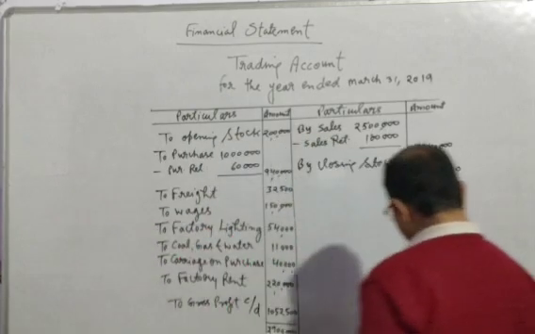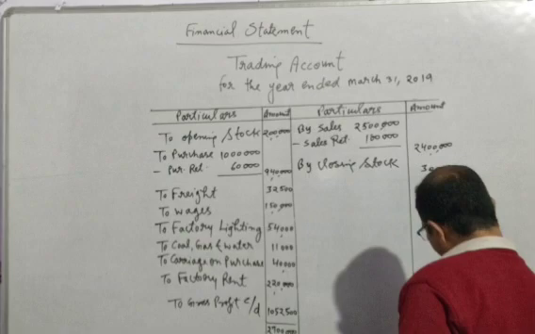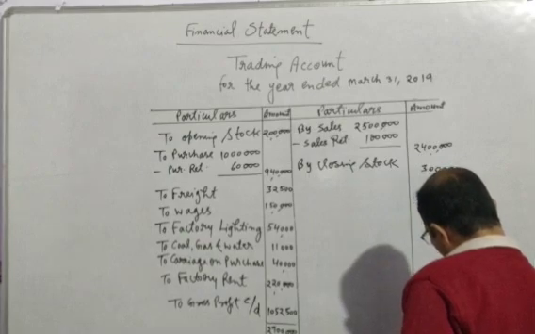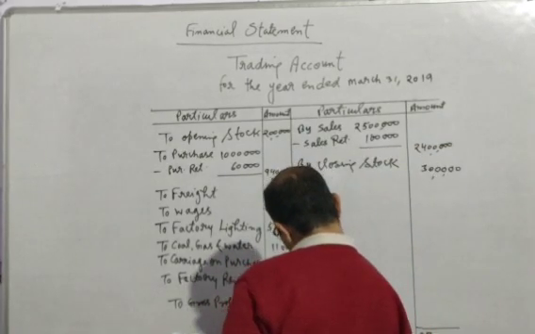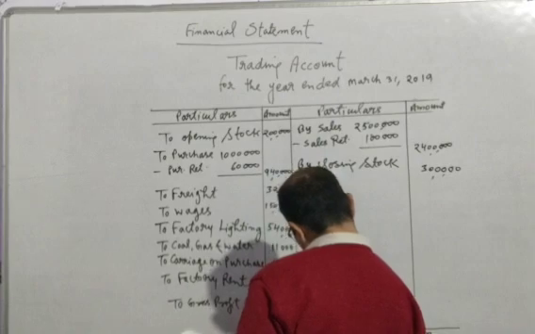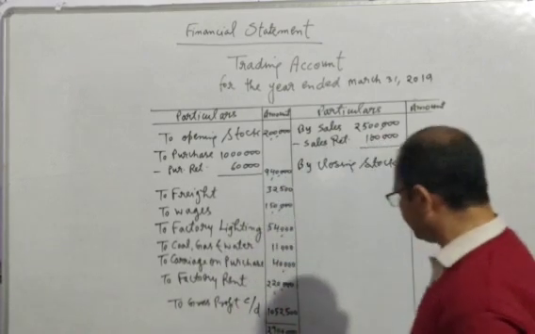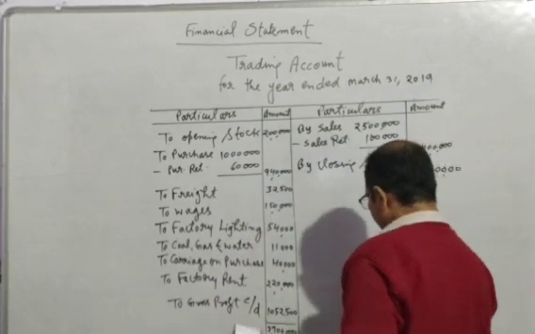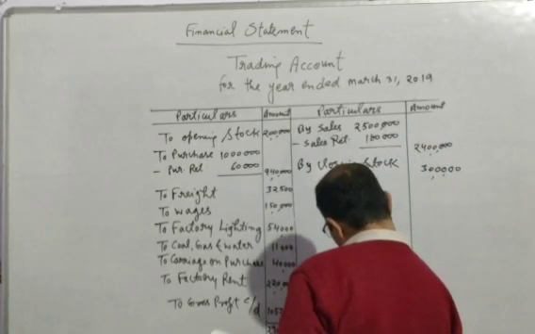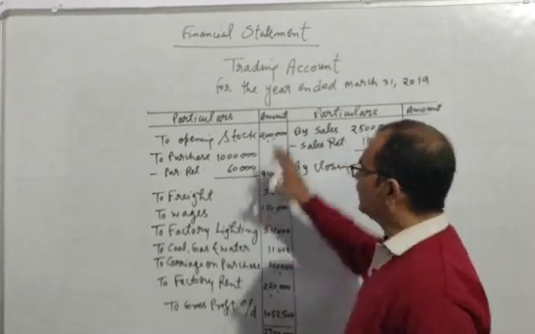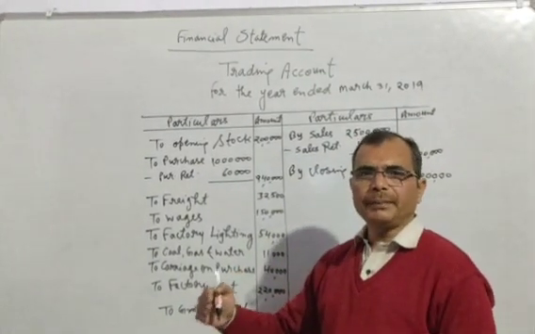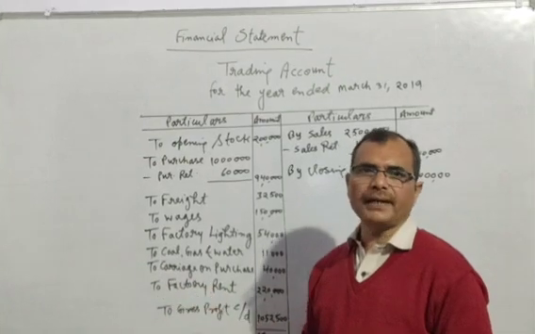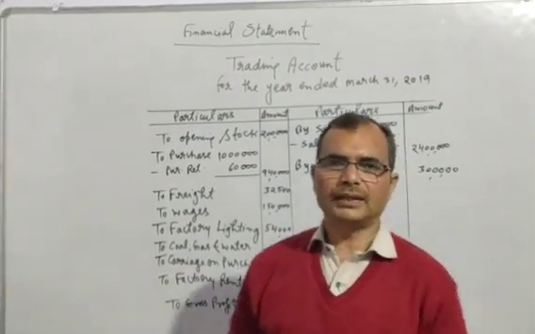Now this 10,52,500 will also be written on the opposite side, and after that we will write here by gross profit, in short G/P, by gross profit brought down. In this way, this trading account is prepared. Now how we will prepare the profit and loss account, we will see in the next video. Till then, thank you.